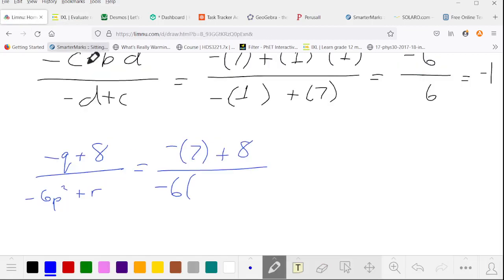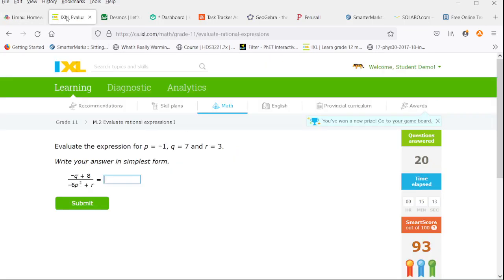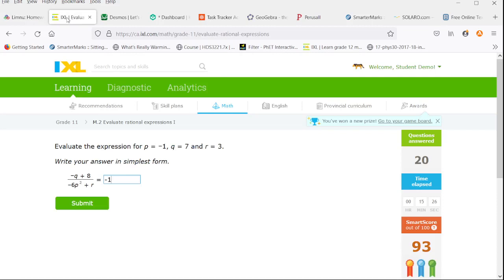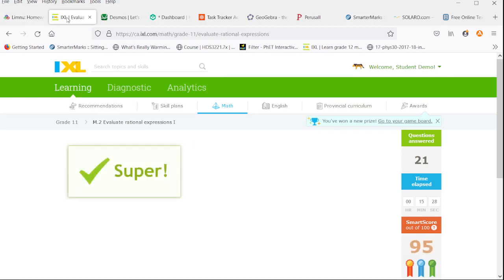P is negative 1. And r is 3. So that's 1 over negative 6 plus 3, which is negative 3. So we have negative 1/3 as our simplified version.